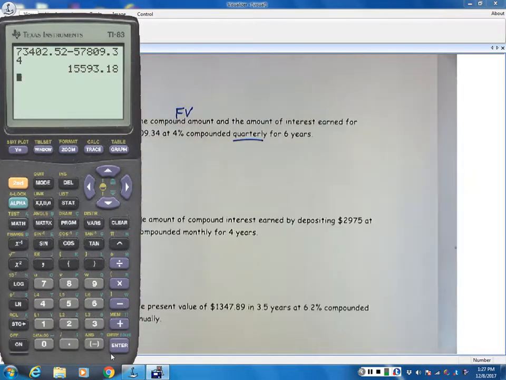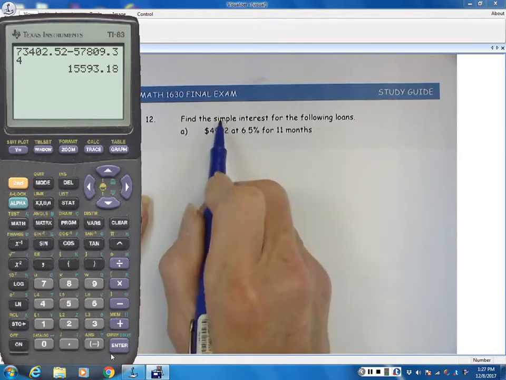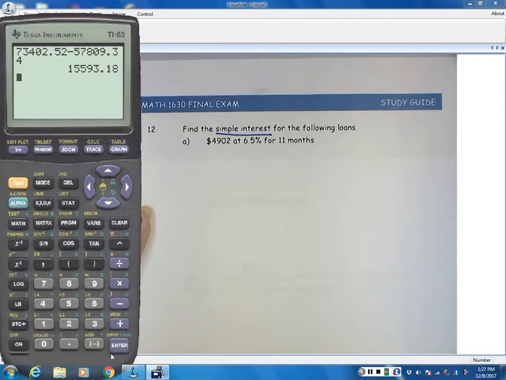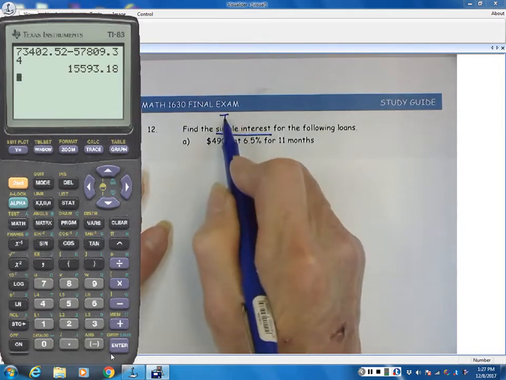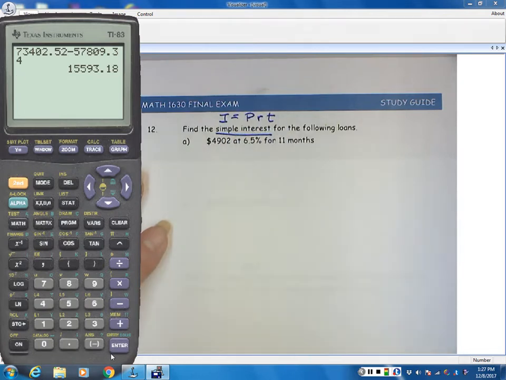We are ready now for number 12. We'll do it one part at a time. Part A says find the simple interest. When it says simple interest, you know that means interest equals principal times rate times time. And the time has to be in years and the rate has to be a decimal.